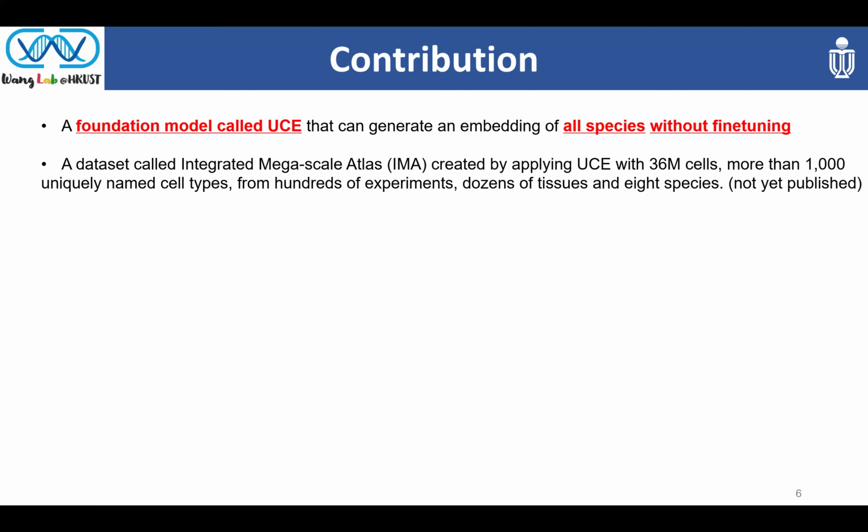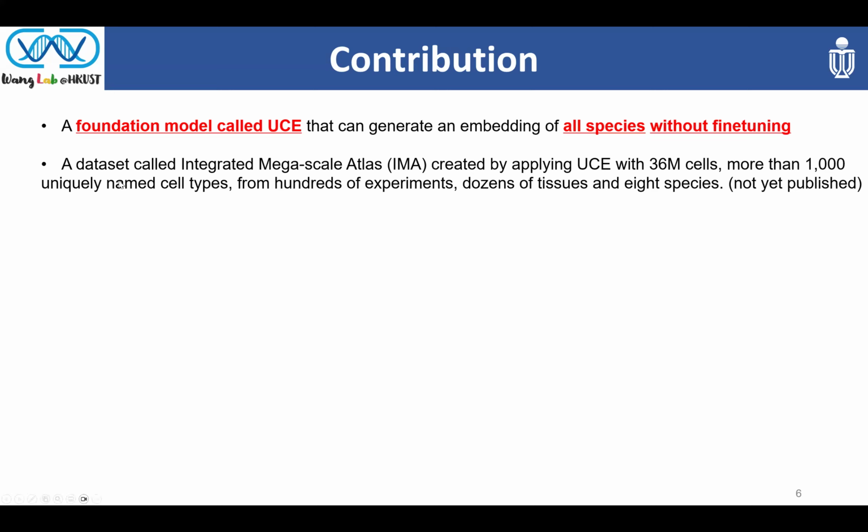And if you have a new species, you can create the embedding according to the tutorial. They claim that they can deal with all species, but I think for most species they can handle that. They have a website, and you can download the protein information from Ensembl.